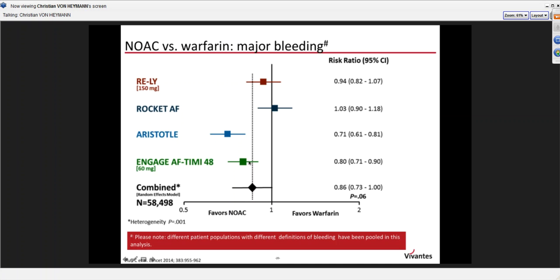There was definitely some difference between the drugs, but due to the fact that different bleeding definitions have been used in the approval studies, those data cannot suggest that the drugs are comparable with each other. What we can take from this slide and from this analysis is that probably the risk of bleeding is lower than that for warfarin.